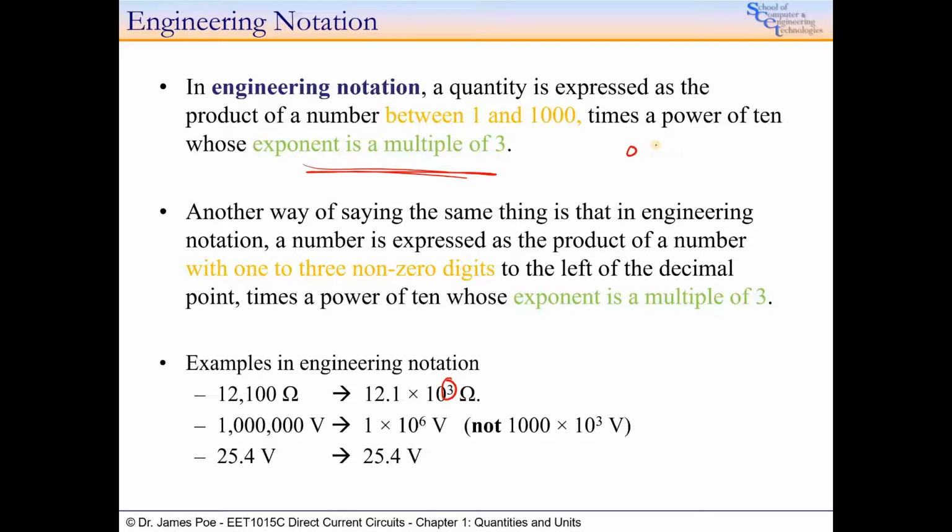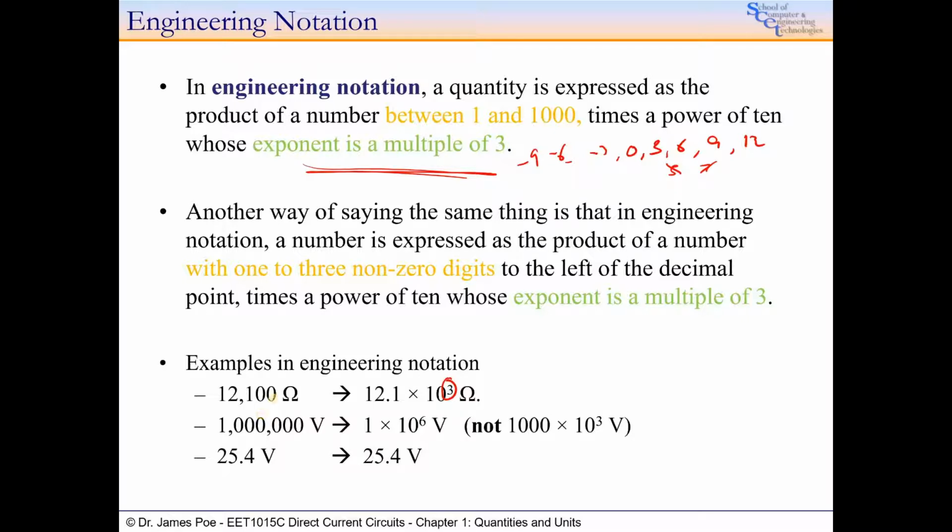So it can be 0, it can be 3, it can be 6, it can be 9, it can be 12, but it can't be 5. It can't be 7. Only powers of 3. It can be negative 3, negative 6, negative 9, and so on.